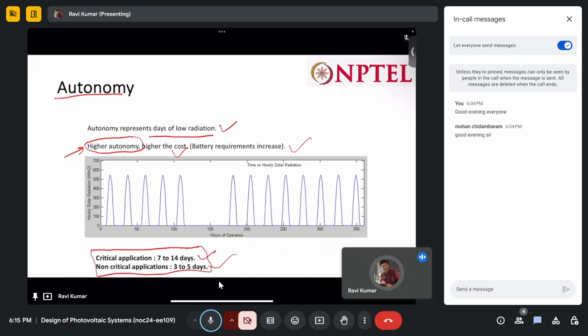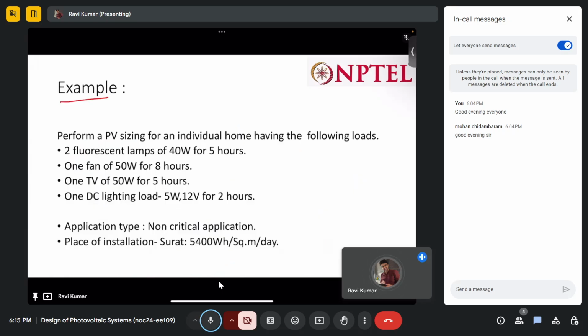In this example, I am taking an individual home having two fluorescent lamps of 40 watt which run for 5 hours. From this example you will understand in what form you need the data from your house. Along with these two lamps, we have one fan of 50 watt which runs for 8 hours.